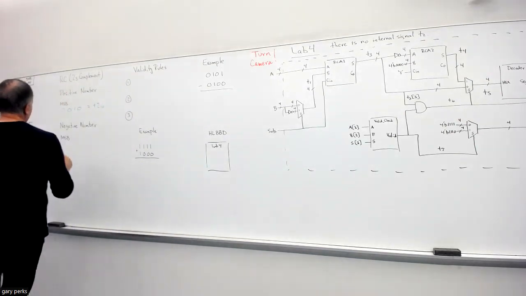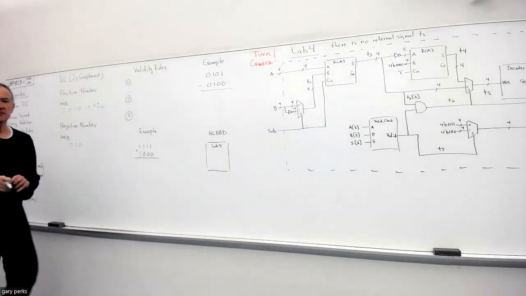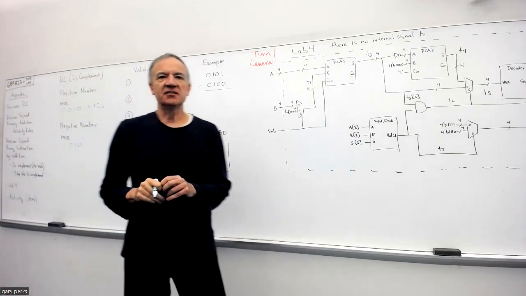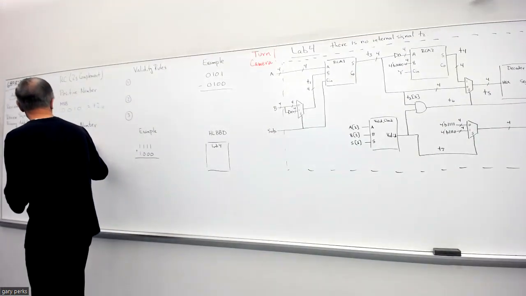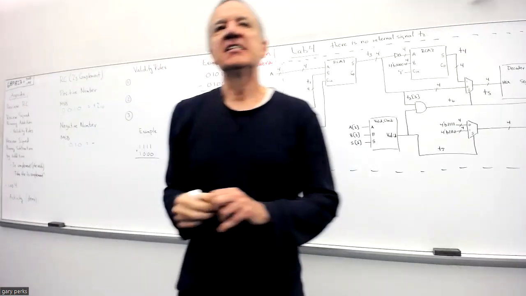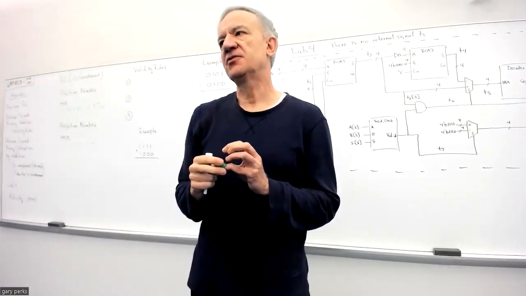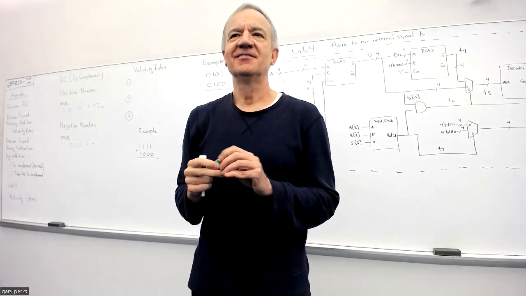So let's say we have this 4-bit 2's complement signed binary number. It's 1, 0, 1, 0. Now we know it's negative because of the sign bit being 1. But how do we get the magnitude if it's a negative 2's complement? We do what?